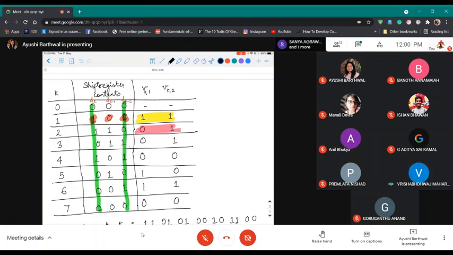Ma'am, what will be the format for the exam of ITC? I mean, will it be on Examiner or Google Forms? It will be on Examiner. Okay, ma'am. Ma'am, what will be the weightage of the two parts of the course? We have to decide that yet.